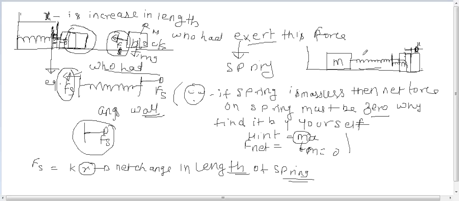Now let's suppose this will move by amount y in this direction. So this will move here, and this will be somewhere here.